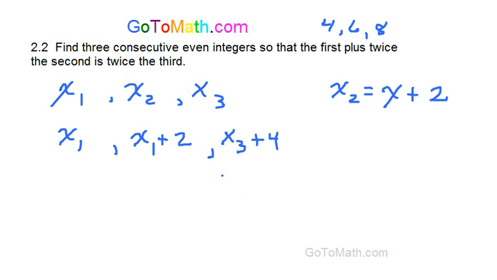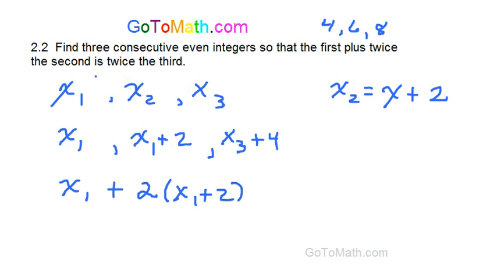Now we're going to go back up and read the sentence. Find three consecutive even integers so that the first plus twice the second even integer is twice the third.